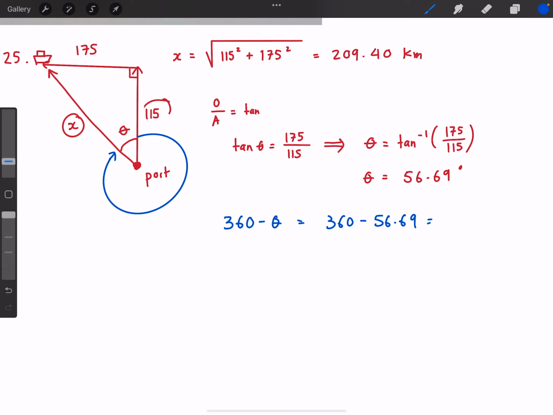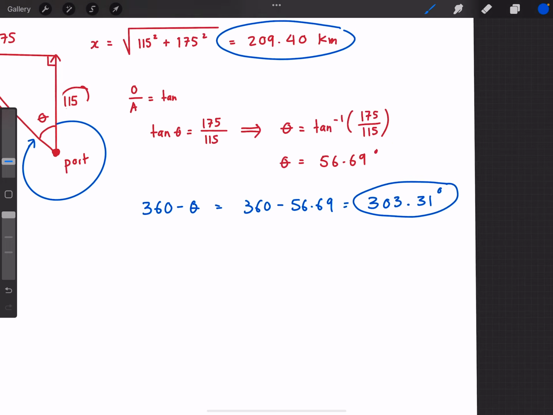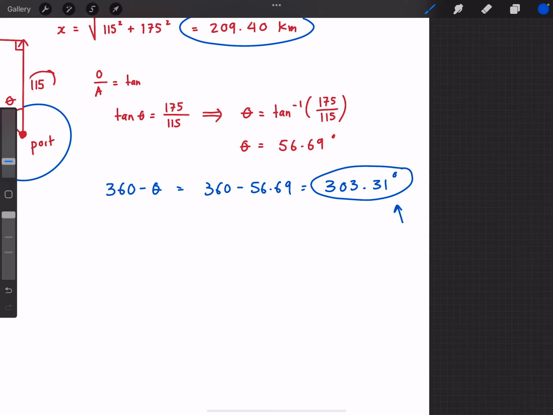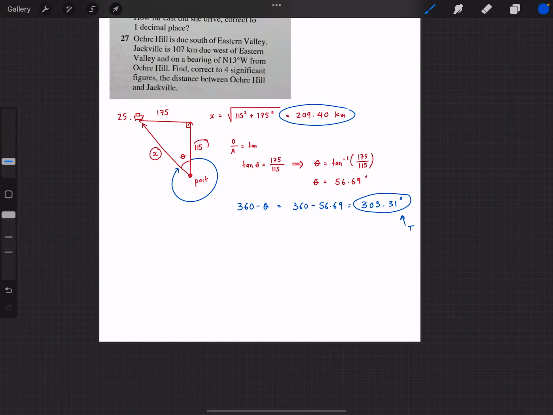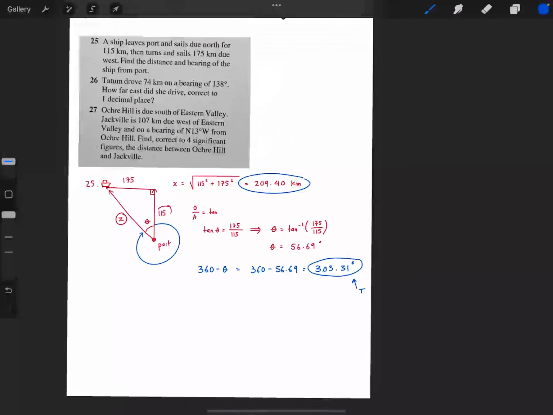Put that directly into the calculator, take 360 take away the ANS button, press equals, and you will get the answer to be 303.31 degrees. And there's my answer for both of them. So we got the bearing and we got the distance. This is your true bearing. So that's for question 25.